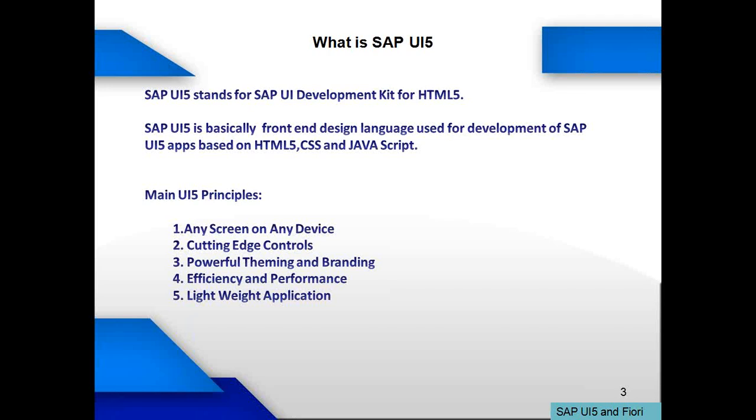And it is a very lightweight application. Lightweight in the sense that very few fields make up a business transaction here. SAP UI5 we are mainly going to use for very lightweight screens which don't need much information.